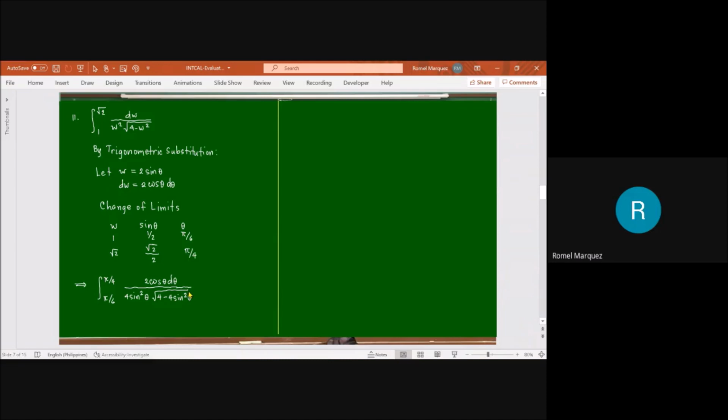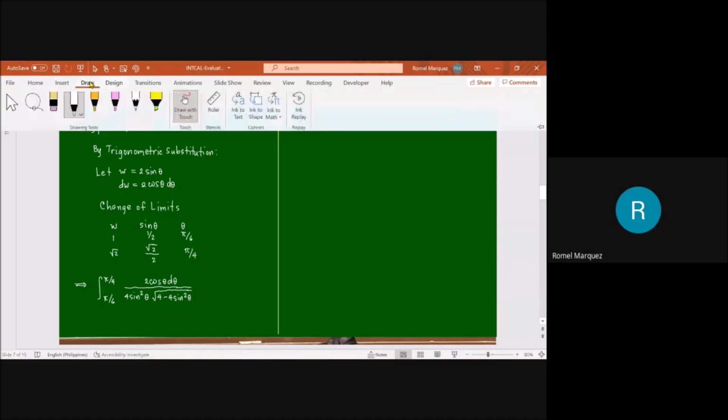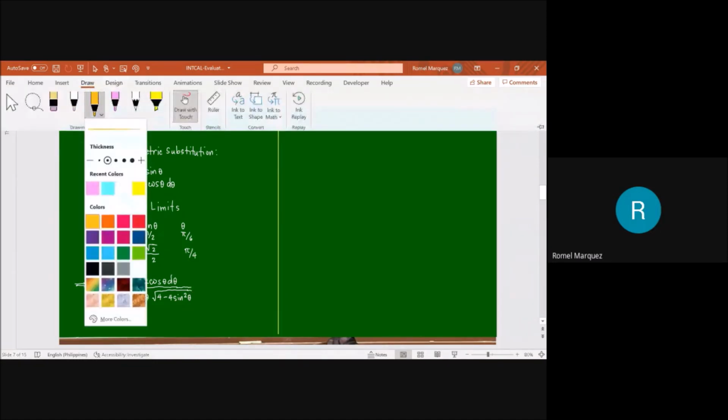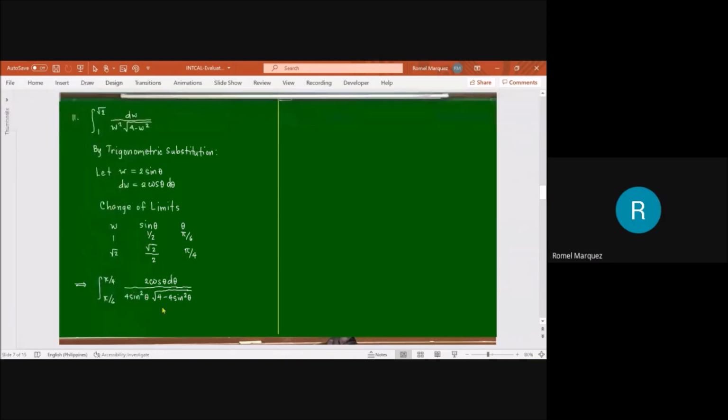Okay? Yan. This expression inside this one, this is 4 times 1 minus sine squared theta, no? And this is equal to 4 cosine squared theta. So what's the square root of that?